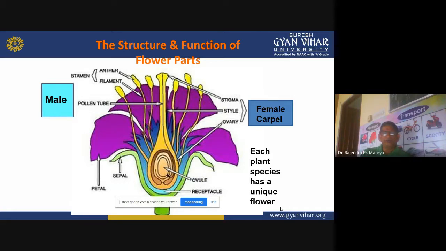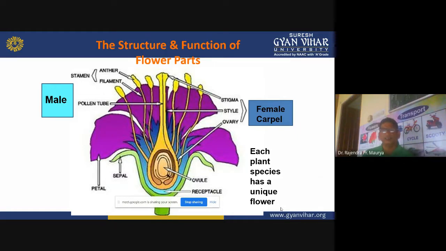So they collect the nectar from the flowers. During the nectar collecting process, some pollen grains stick on honeybees, butterflies, etc. When these honeybees and butterflies reach another flower, pollen grains from one plant will reach the other plant.